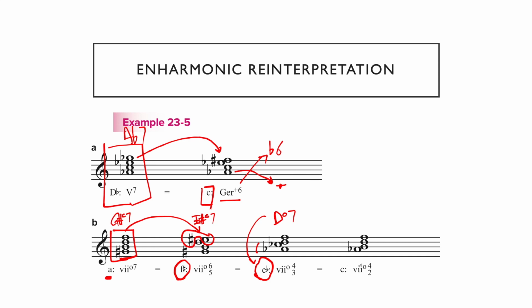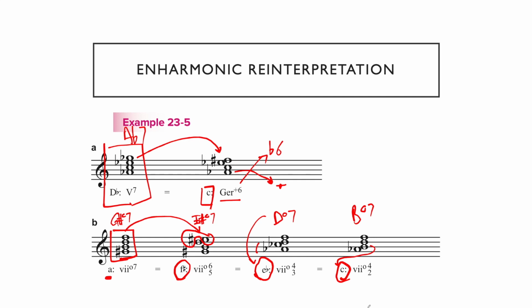And finally, I can also spell it as B diminished 7th, then I'm in C minor. We are going to see some examples about this.